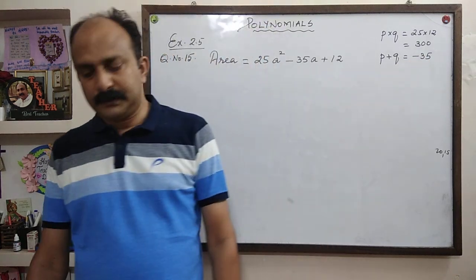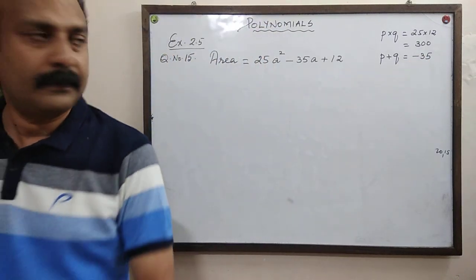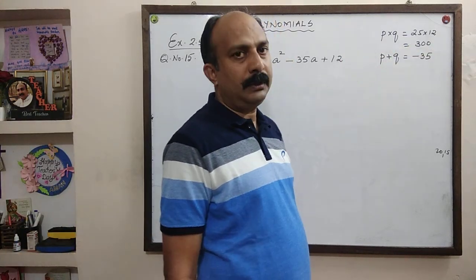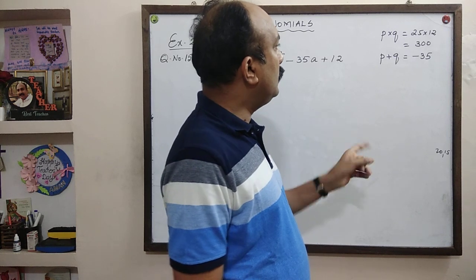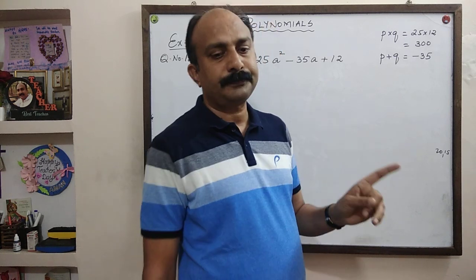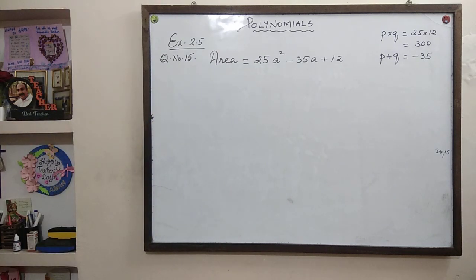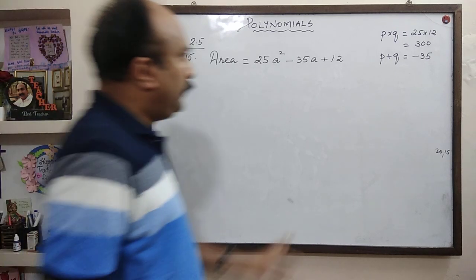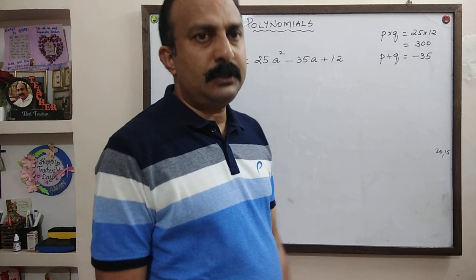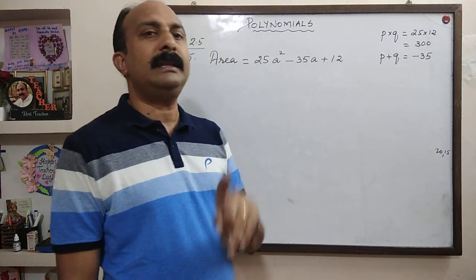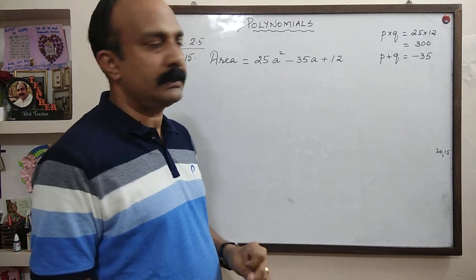In this type of question, suppose the product is too big, so that you are unable to get the number, if you are unable to find out the two numbers orally, then let me teach you another method for finding the two numbers.